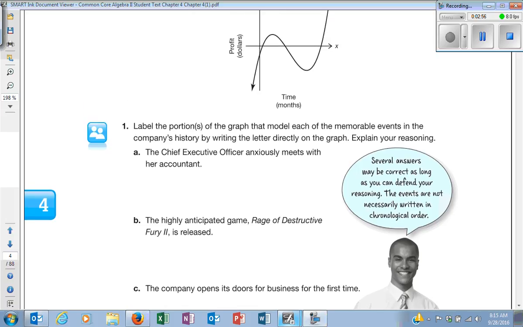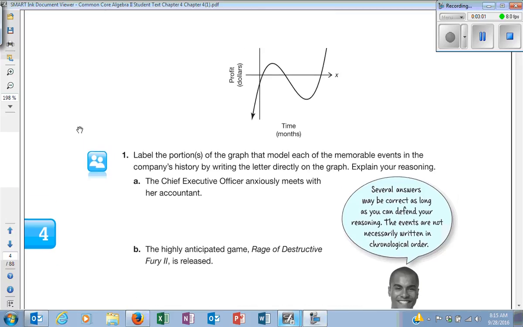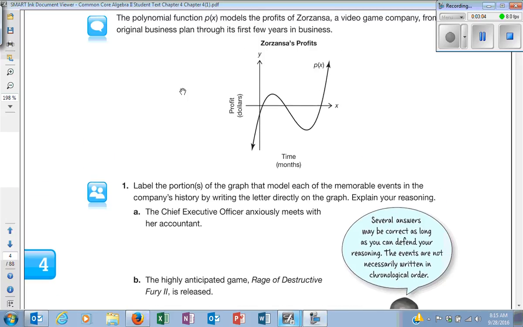So here we go. The chief executive officer anxiously meets with her accountant. Where do you think that would be happening on this timeline? Where do you think she's going to be meeting with her accountant, saying, I think we're in trouble? Hopefully, she's not doing it here, because she waited a long time before caring for the company.